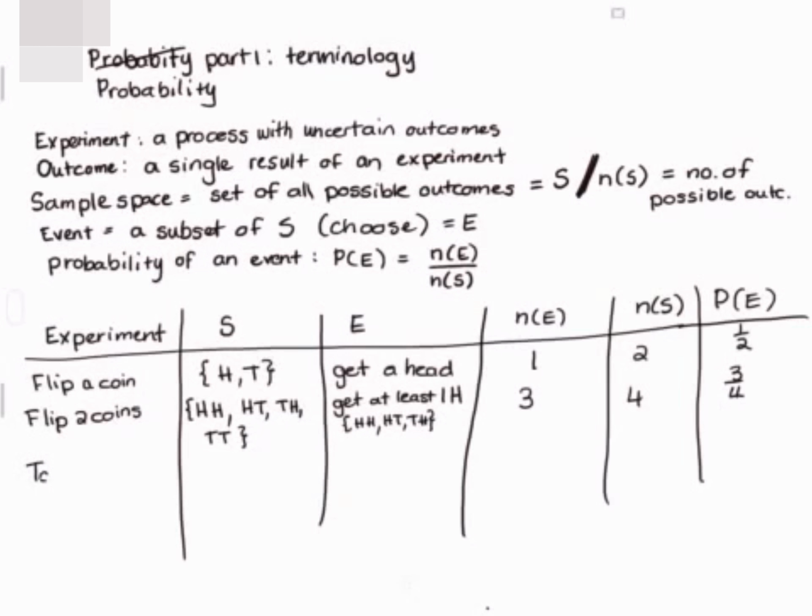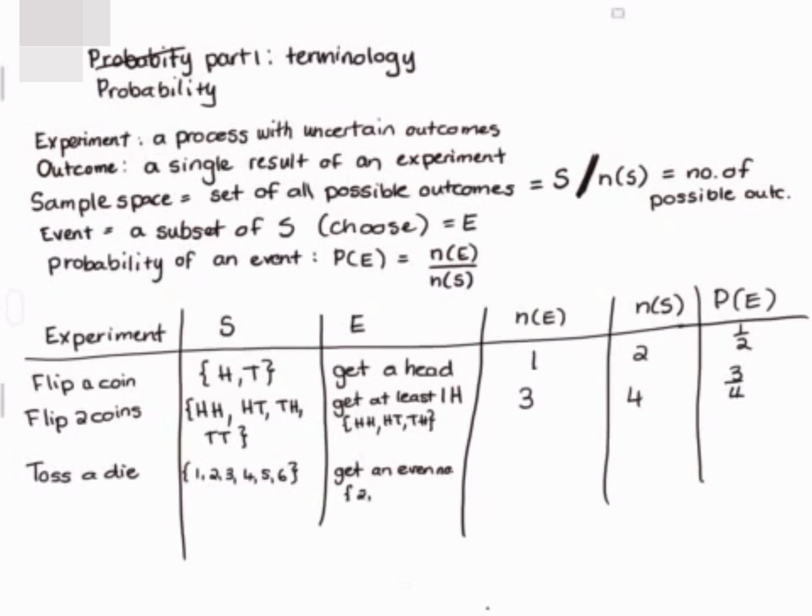Let's toss a die. Now, I know we generally say a dice, but dice is actually the plural, so a die is the singular. What could I get? I could get a 1, 2, 3, 4, 5, or a 6. I'm going to say my event is get an even number.